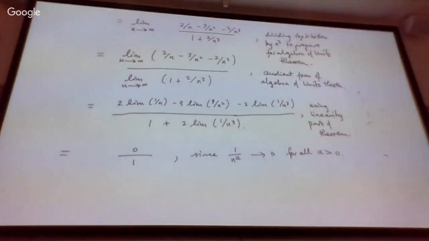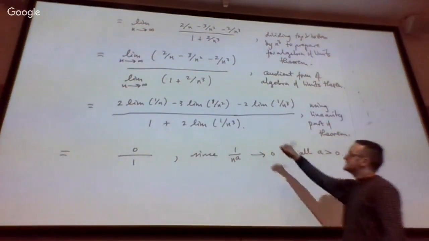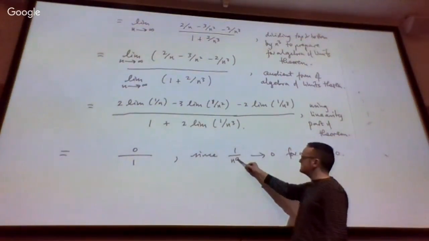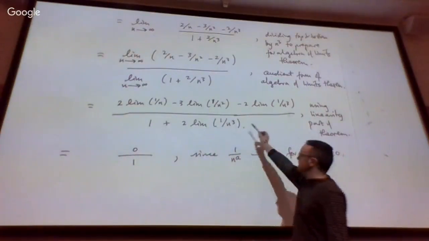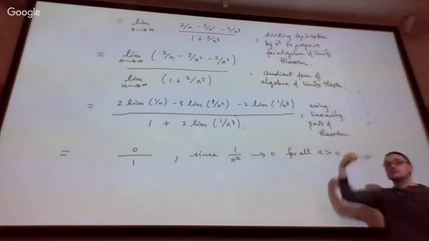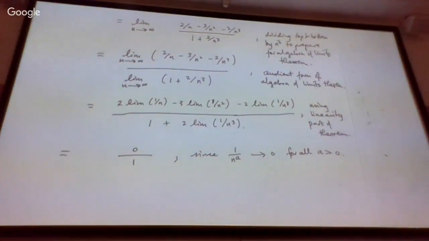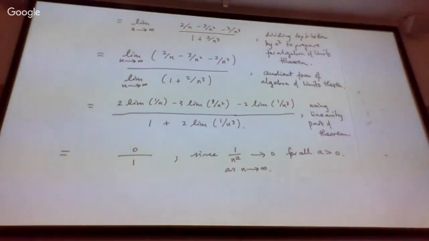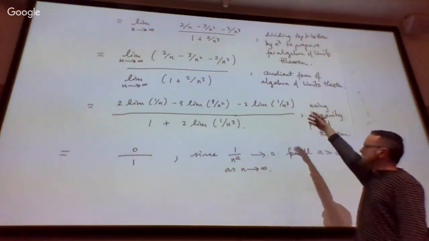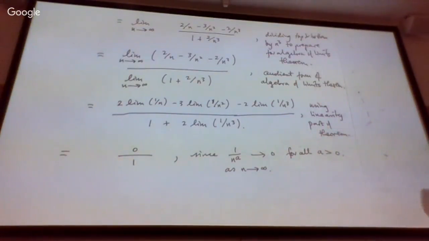Whenever a is positive, as it is whenever the exponent on n is positive here in the denominator, as a equals 1, 2, 3, all of these converge to 0, as n goes to infinity. So it's 2 times 0 minus 3 times 0 minus 2 times 0, so it's 0 in the numerator, but we got that constant 1. So overall, the whole thing is 0.